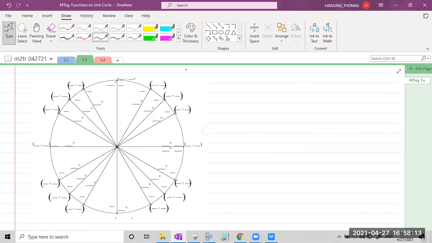If this is a unit circle, can you get the coordinates of these special angles? For example, this is 0 degrees, which corresponds to 0 radians.